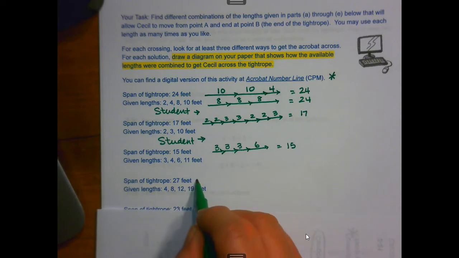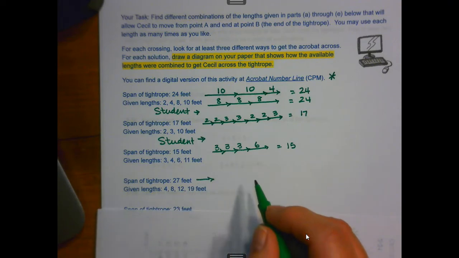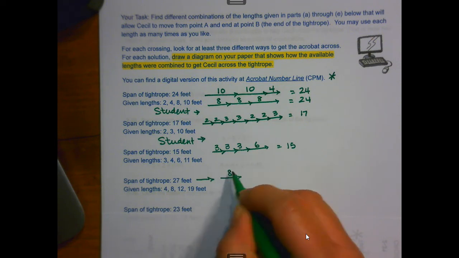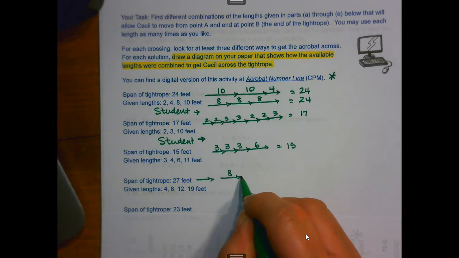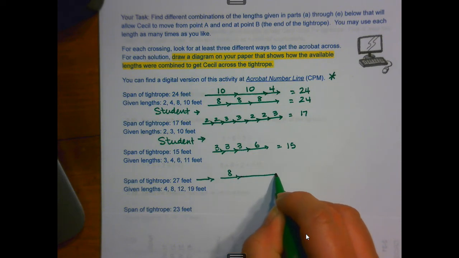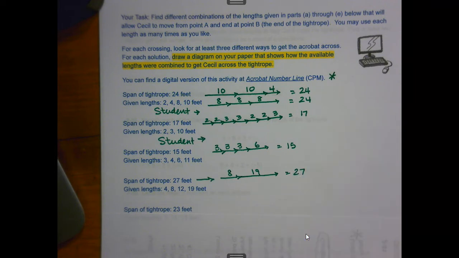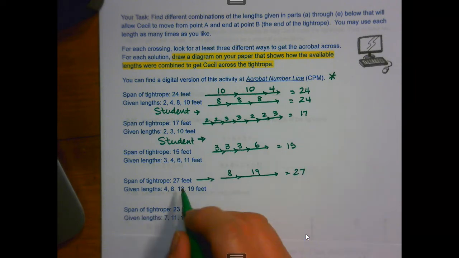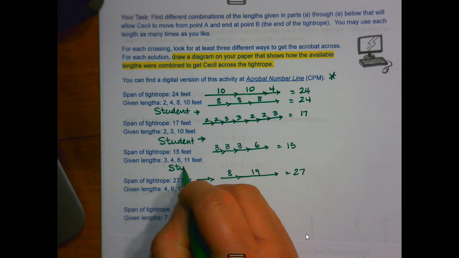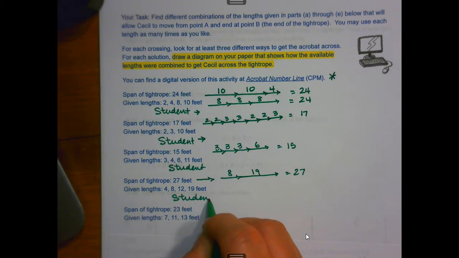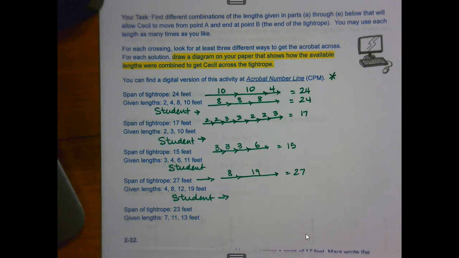For 27 feet, let's go with 8, and let's go with 19, and that gives me 27. I know I took the easy one, but it's always nice to have a challenge. You do one for that one.